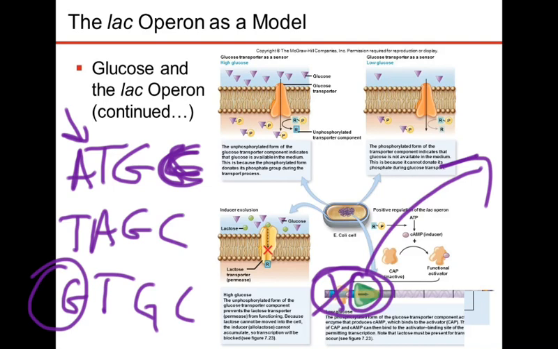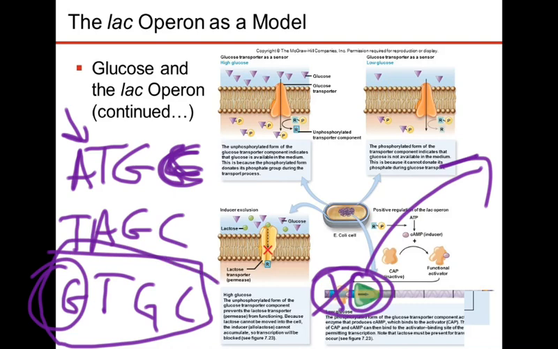The RNA polymerase that comes in might not bind to this one very efficiently, and so it might need some help. It might need the help of some other activator protein to come in and bind, like we saw in this scenario here on the bottom right, where we need this activator protein to come in and help the RNA polymerase stabilize there so transcription can happen.